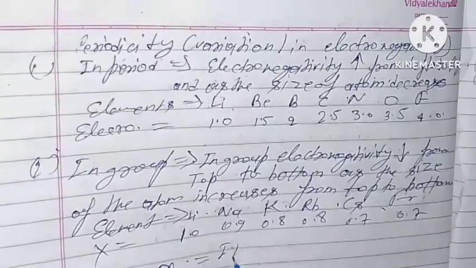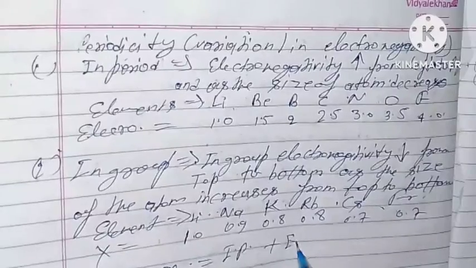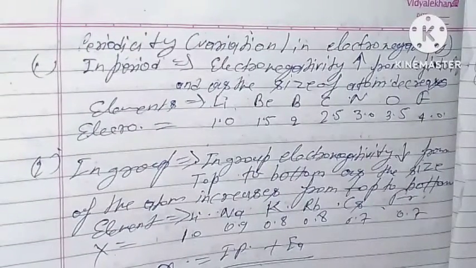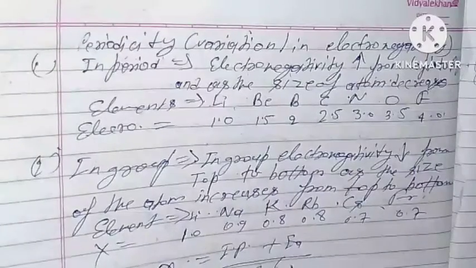Electronegativity chi is equal to ionization potential plus electron affinity, divided by 5.6.